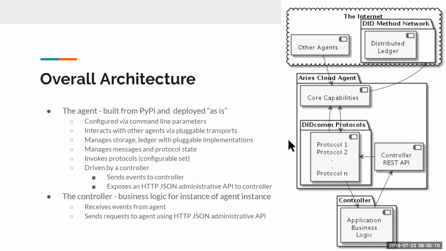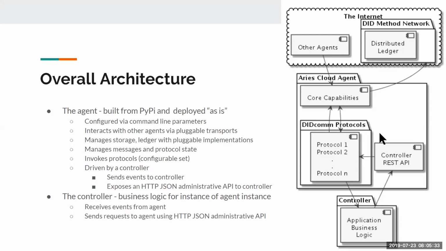The agent, as I say, is intended to be deployed as a unit and pulled down. It's configured via command line parameters, and we'll go into a bunch of those and how that works. It interacts with other agents via pluggable transport, currently supported HTTP and WebSockets.